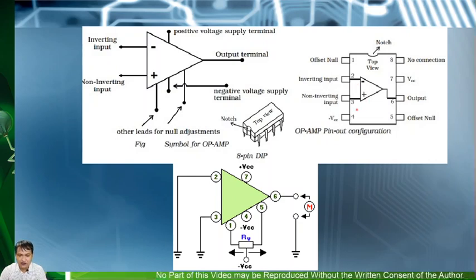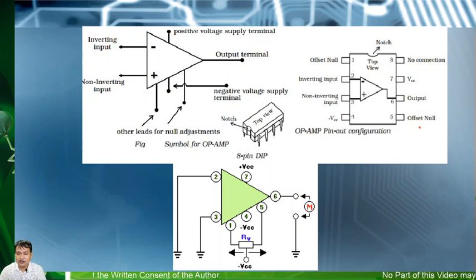Pin 3 is our non-inverting input. Pin 6 is our output. Pin 7 is our positive supply. Pin 4 is our negative supply. And pin 1 and pin 5 are our offset null terminals.